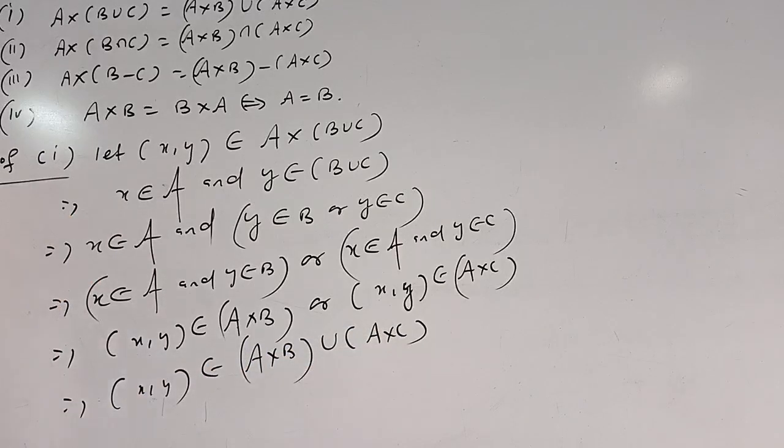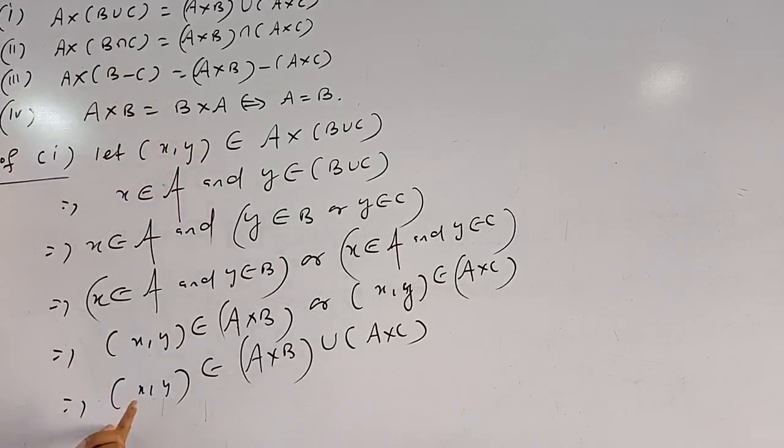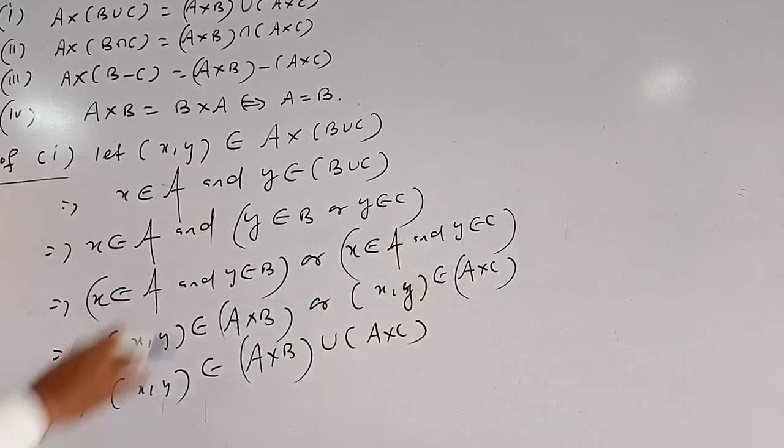So in the beginning we took the element (x, y) belonging to A cross (B union C). Finally we get (x, y) belongs to (A cross B) union (A cross C). So A cross (B union C) is a subset of (A cross B) union (A cross C).